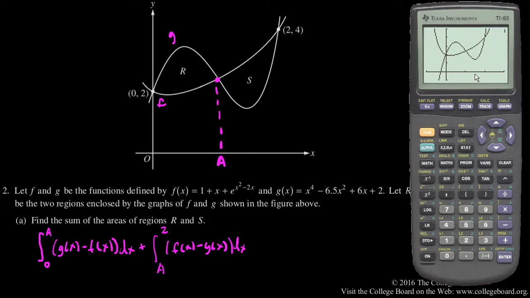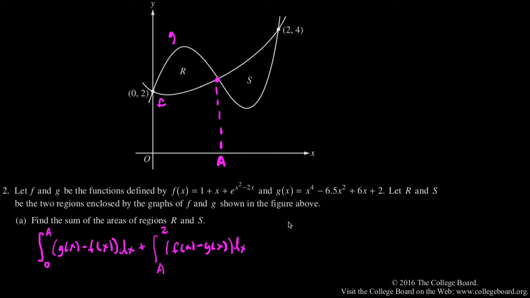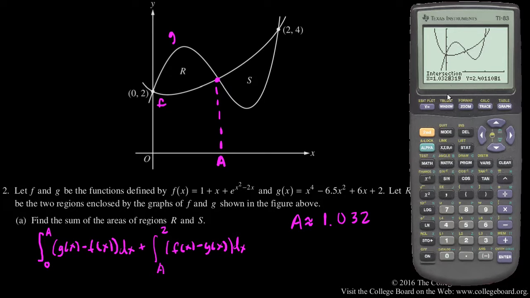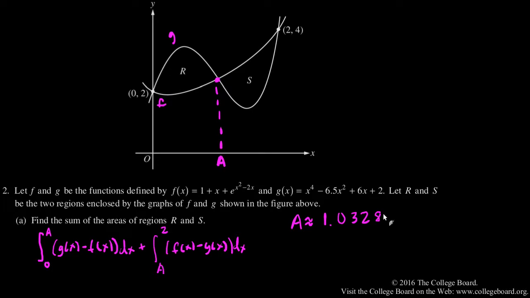And it tells me that they intersect at approximately 1.0328319. So a is approximately 1.032. Let me click that calculator. Make sure I don't forget 8319. Now that's nice. You're going to write that down so I can use the a in my problem throughout.